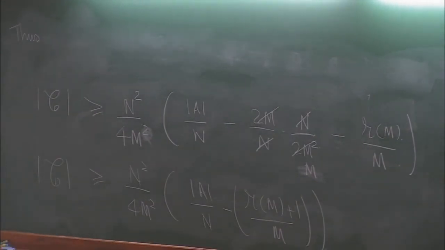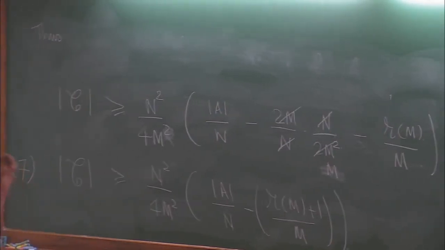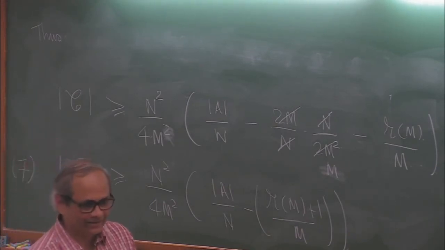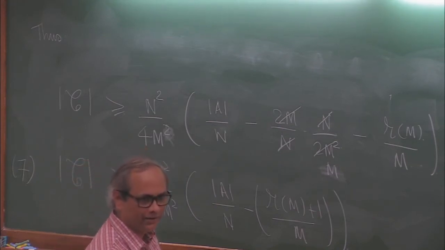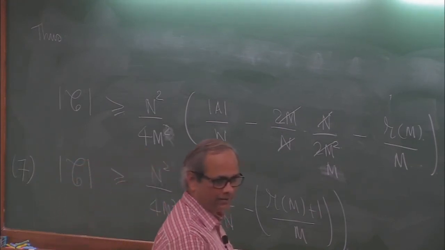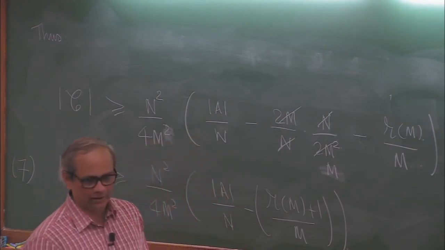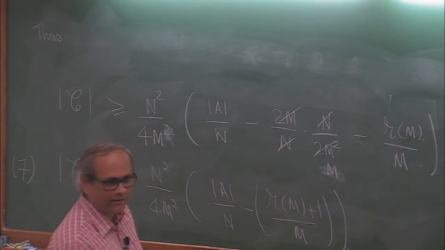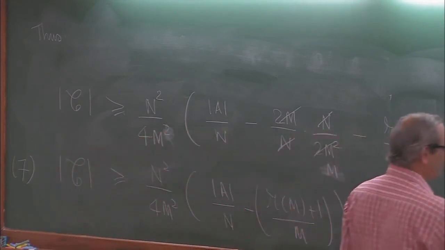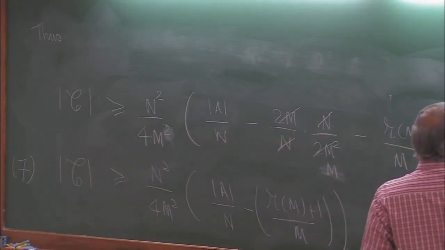Okay, you get this, and then if you call this 7, then you will realize that if you combine 7 with 3, if my memory is correct, is 3 the inequality that says T of A is bigger than cardinality of C by m square? I am assuming 3 is that inequality.